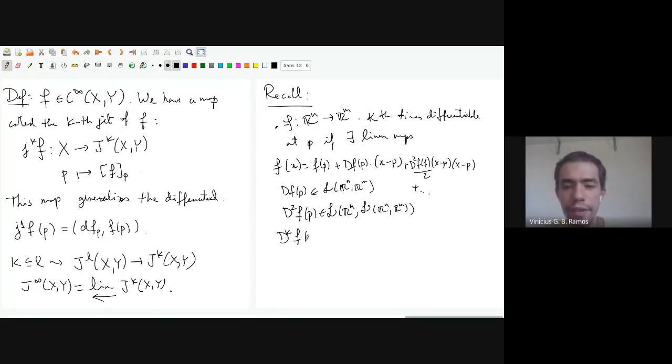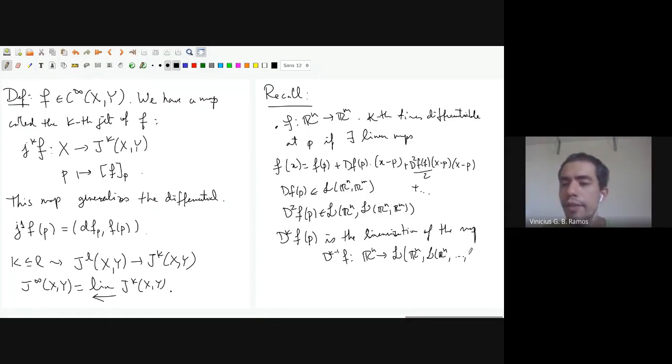So the kth derivative at p is the derivative of the map d^(k-1) f. This is, if you want, the linearization of the map d^(k-1) f, which goes from the domain where it is defined, Rn, to the set of linear functions from Rn to the set of linear functions of Rn, etc., and then with Rm at the end.